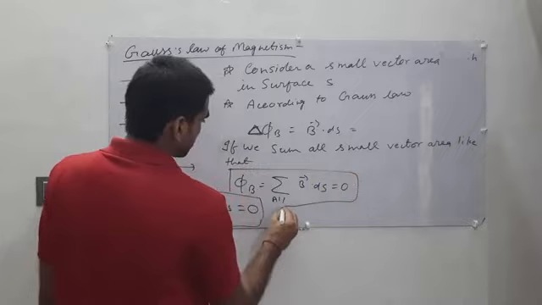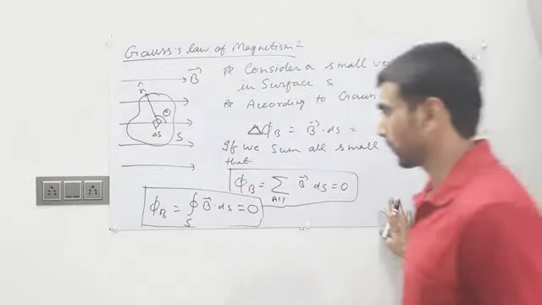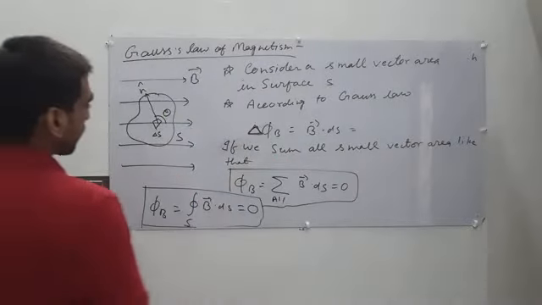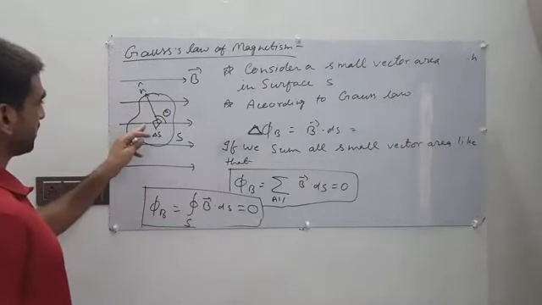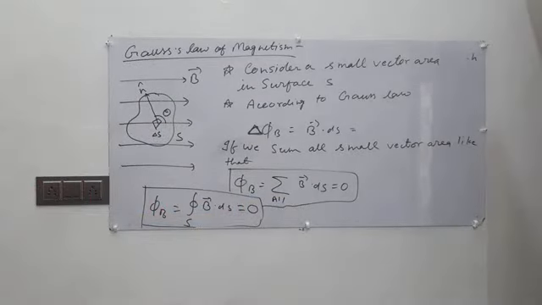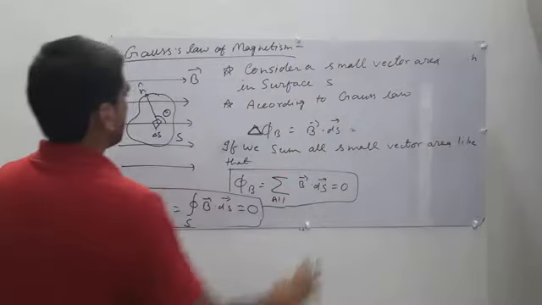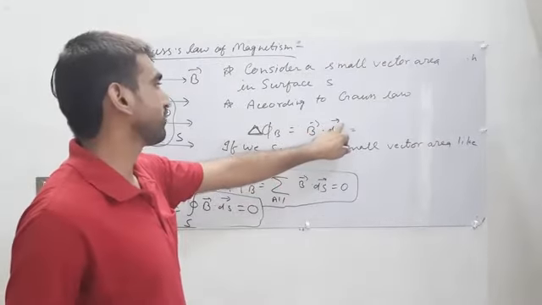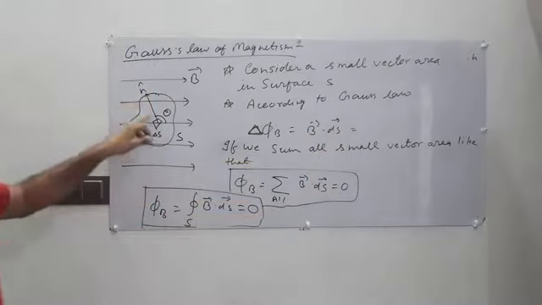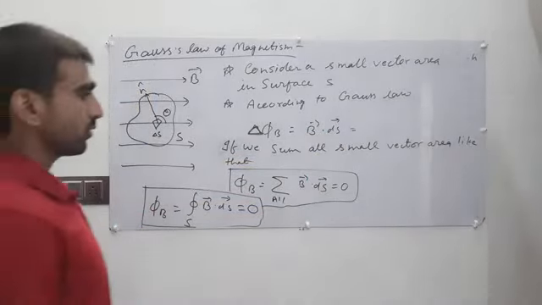You can write the whole magnetic flux in the surface like this and also like this. The ds is also a vector quantity, that's why we represent ds in vector form, because ds also has a direction.